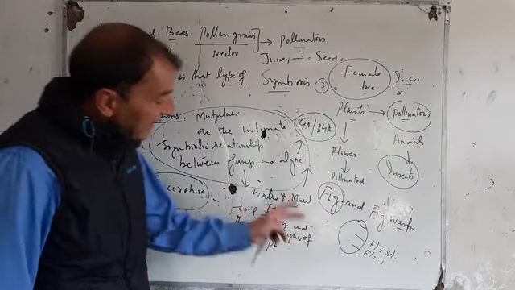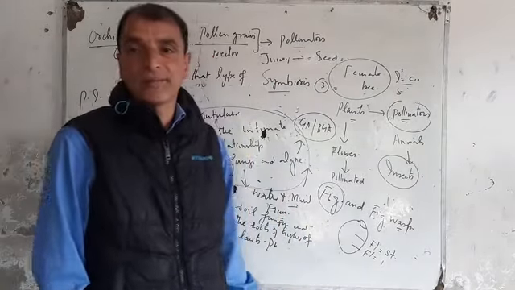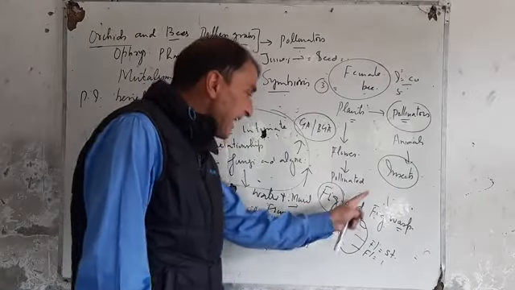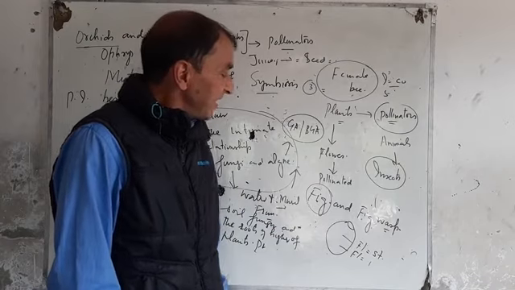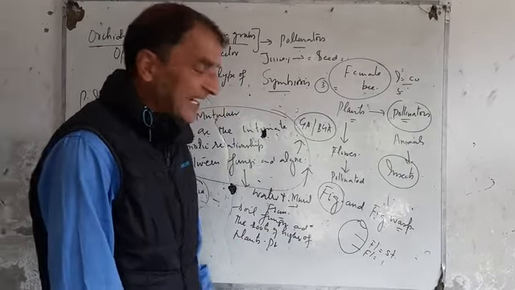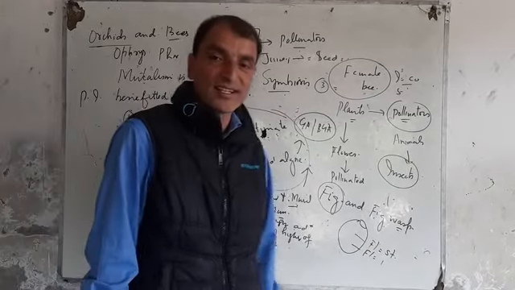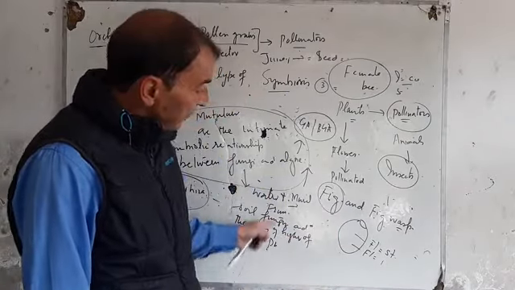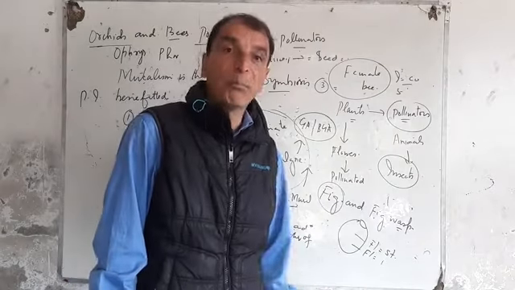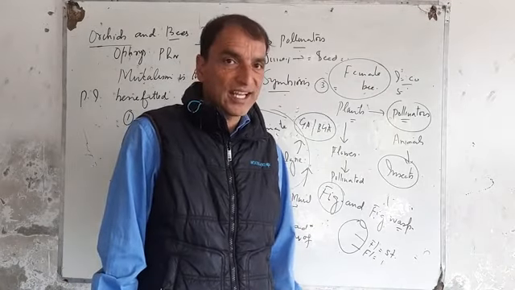Okay? And then escapes from the hypanthodium. During entry and exit, this wasp is dusted by the pollen grains. When the same wasp visits another flower, pollination takes place.